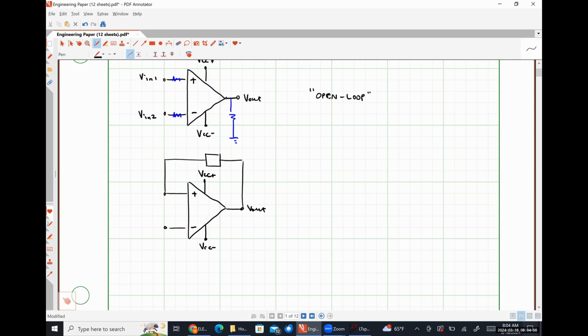And in this diagram, I'm using just a simple generic two terminal element because this could be a resistor, a capacitor, an inductor, a wire, really doesn't particularly matter. It will vastly change how the device works, but from a concept of feedback, it doesn't matter. As long as there is a conduction path between the output terminal and the non-inverting input terminal, we have what's called positive feedback.